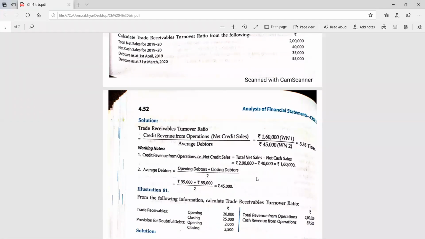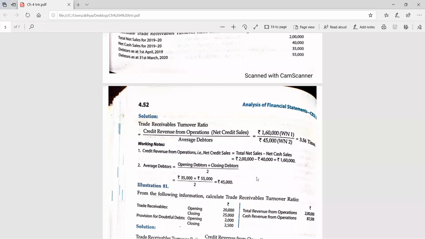Calculate again the trade receivable turnover ratio. Trade receivables are given, opening and closing both, and provision for doubtful debts is also given, opening and closing both. Then total revenue from operations is given as 2 lakh. Total revenue from operations means cash revenue plus credit revenue. And cash revenue is also given, that is 87,500.